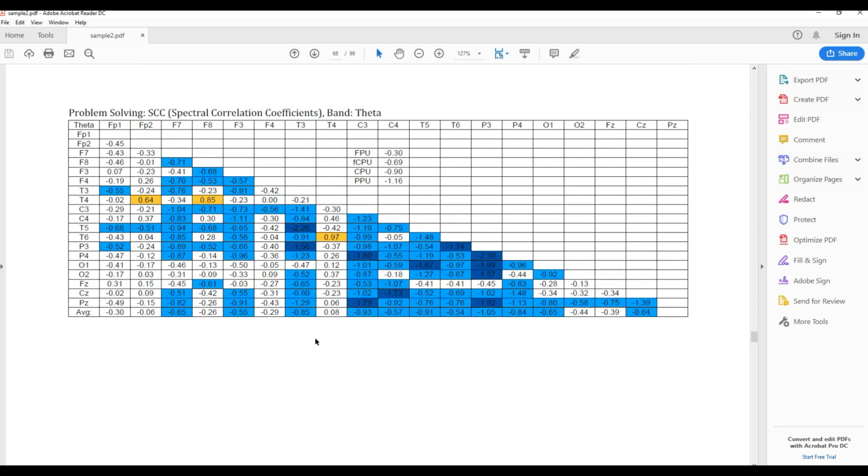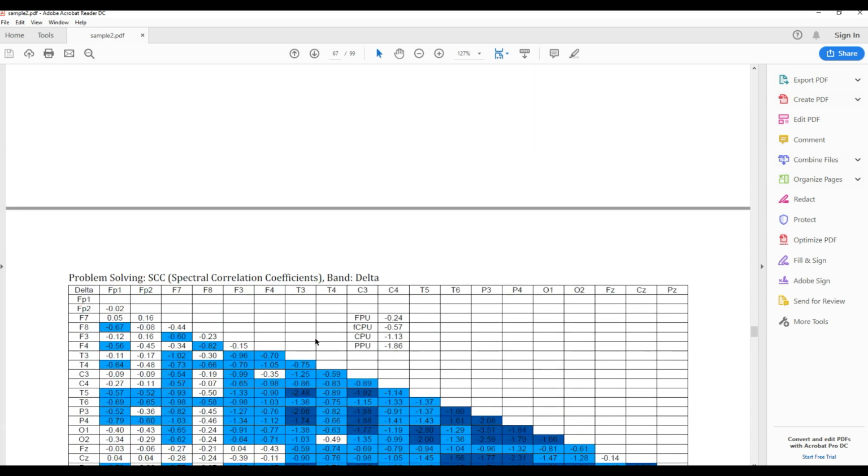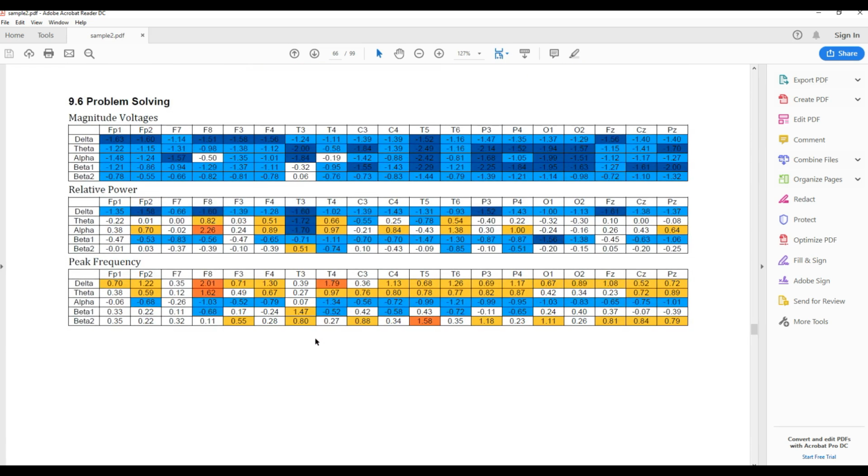And we go to theta, and a similar sort of pattern for the delta as well. And now we look at the magnitudes, and they all seem relatively low. Relative power actually starts to stand out a little bit better here in terms of the alpha, but the beta is relatively low. Peak frequency is respectable.